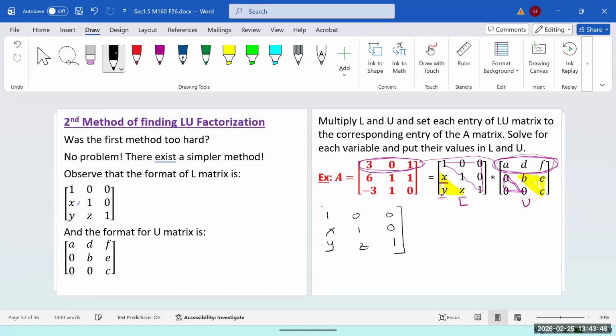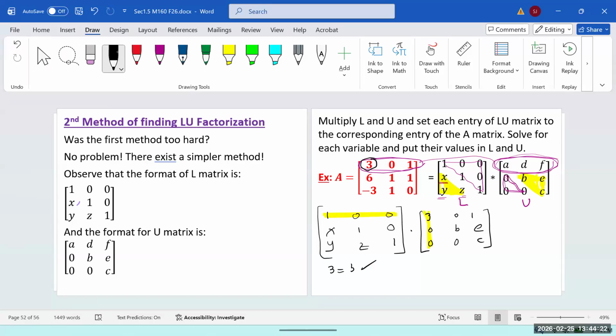So these are the lower matrix, and you're multiplying 3, 0, 1; 0, b, 0; 0, 0, c. So when you multiply, we get this row, this column, so 3. And our first element here is 3. So this is correct.